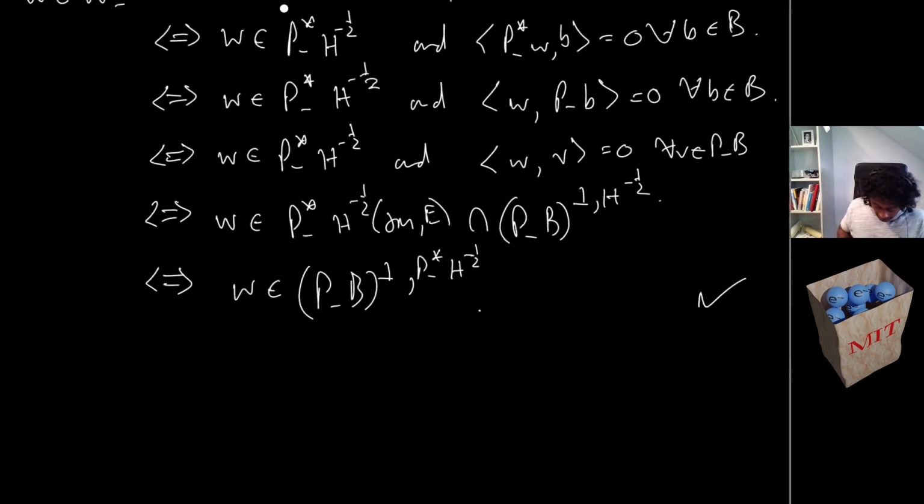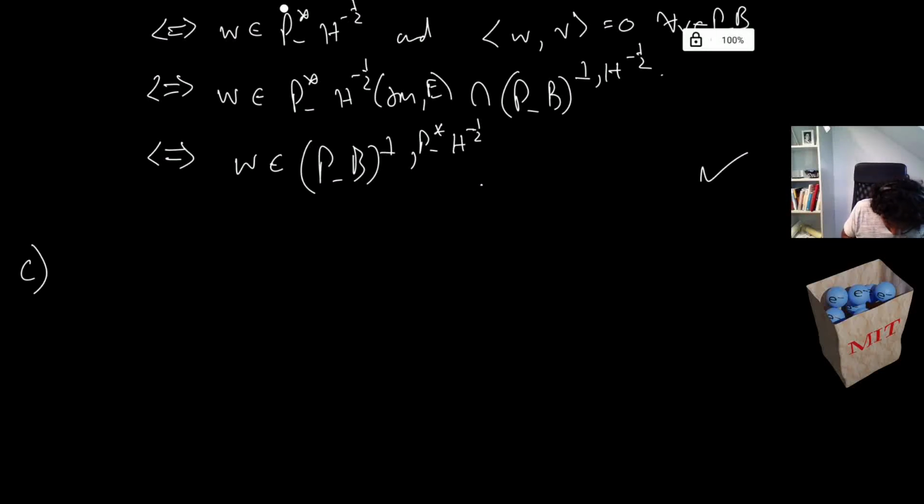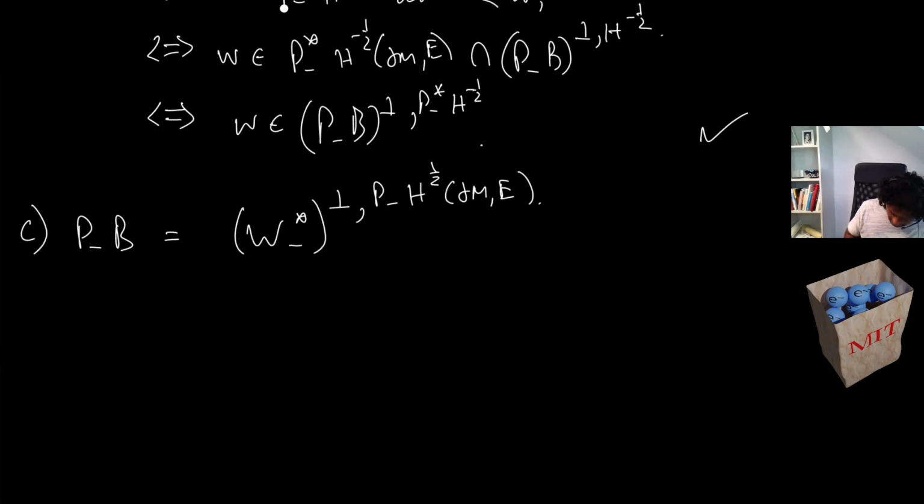Sorry, we're almost there. Actually, I don't think we'll be much over time today, maybe just 5 minutes. So now the point is that we have P minus of B is equal to W minus star annihilated in P minus H half ME. Okay? So this is immediate, right?